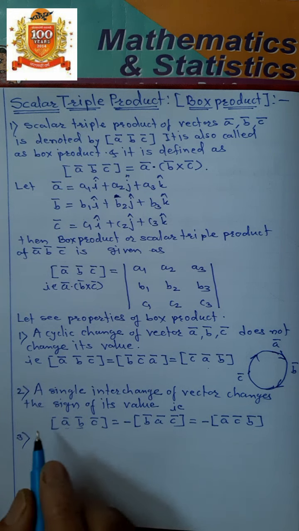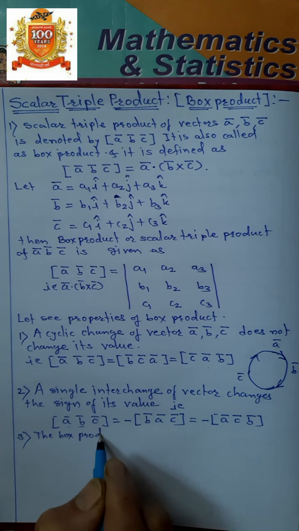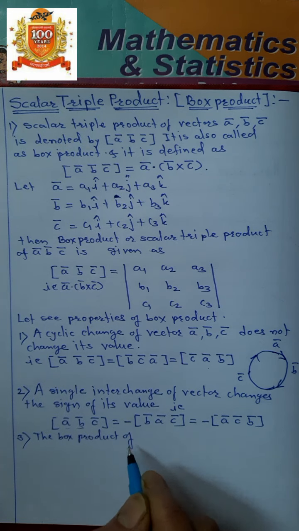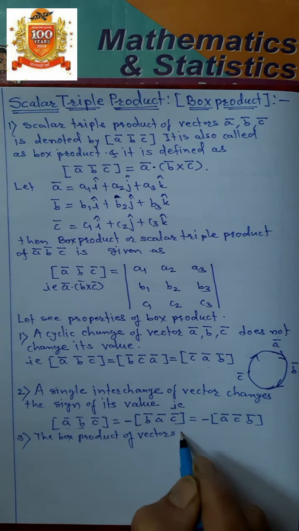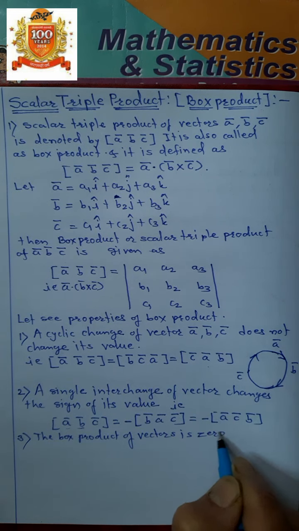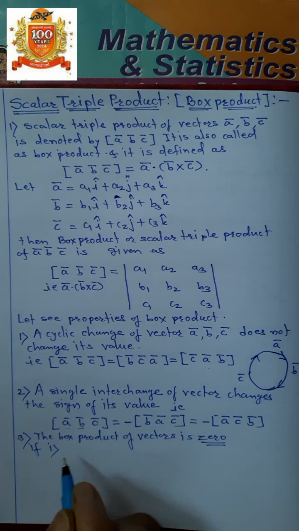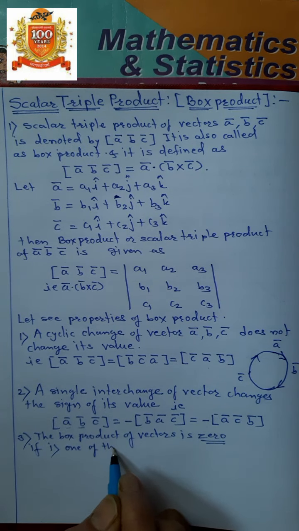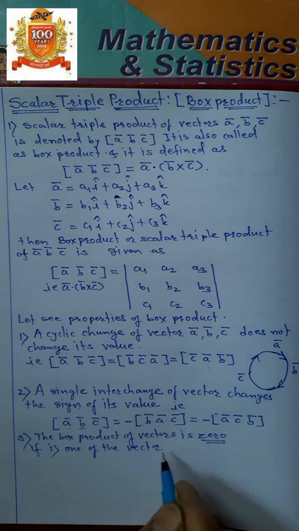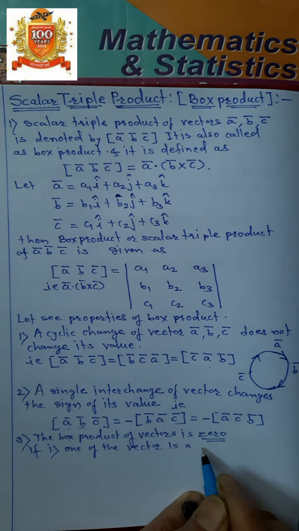Third, the box product of vectors is 0 if one of the vectors is 0, a 0 vector.